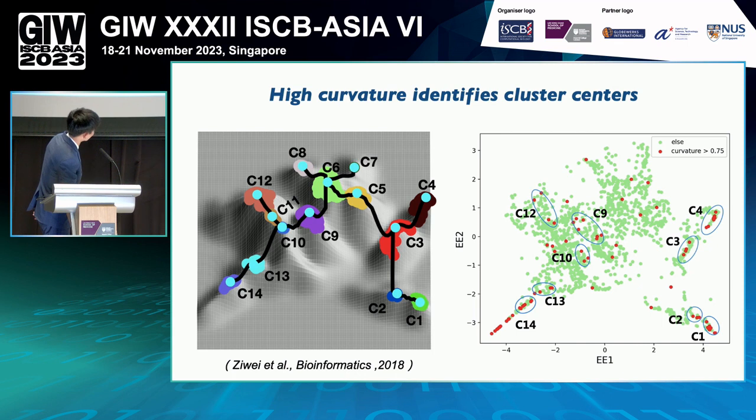In this part and this part, the early differentiated and the differentiated are the same cell types, so they also have high curvatures, and this cluster has high curvatures. Okay, thank you.